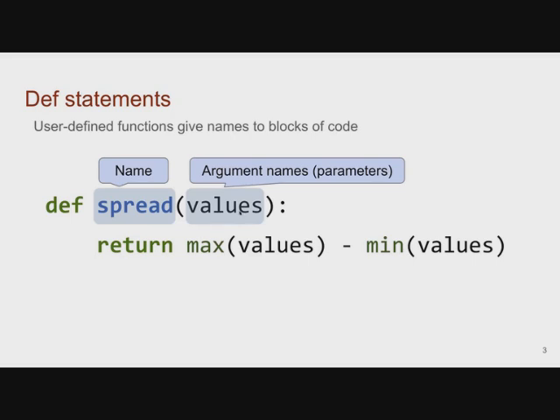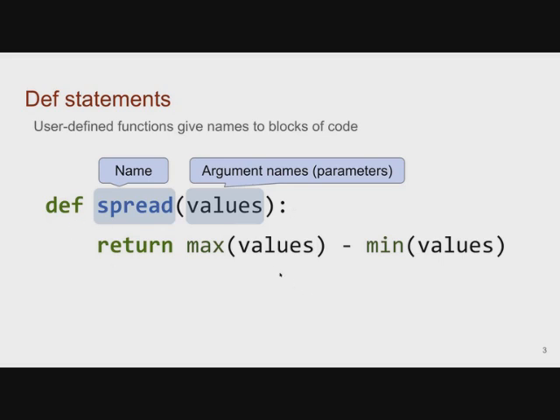But you can have 0, 1, or more arguments. If you have multiple arguments, the argument names are separated by commas, and all the arguments go inside of the parentheses. And then this colon lets you know that this is going to be the start of the function.